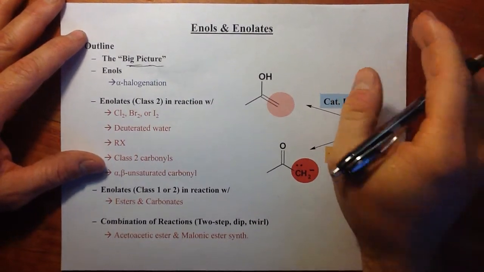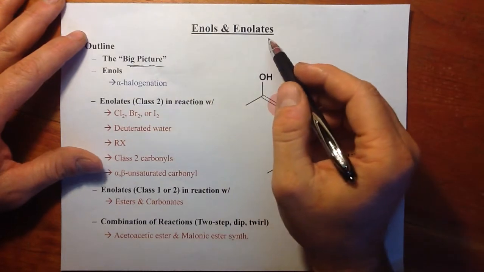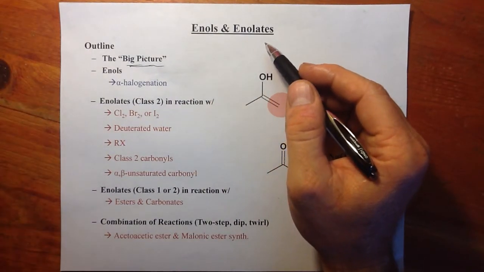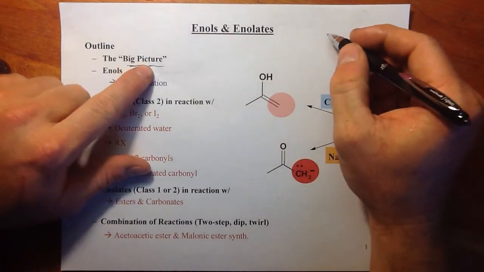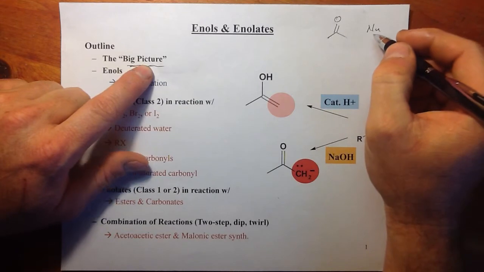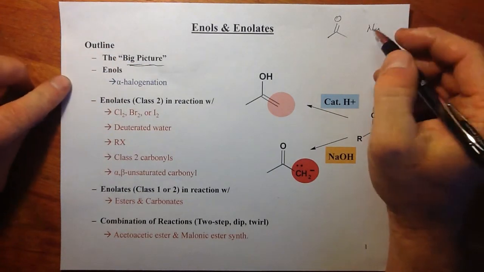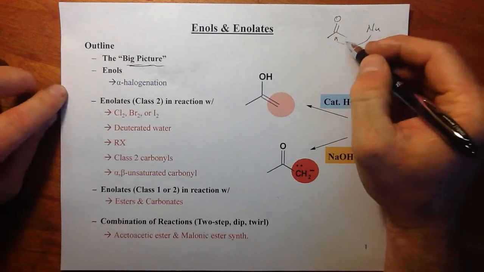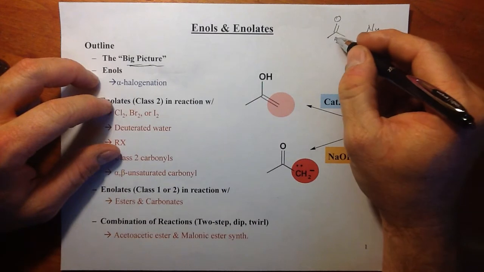Well, let's hope this would be the second of 3 videos, but I think we'll need to stretch our discussion of enols and enolates into a total of 4 videos. So in the first video, we looked at the big picture of carbonyls reacting with something as a nucleophile. Just as a review, the nucleophile can attack the carbon, and we looked at acyl substitution and acyl addition, wherein that first arrow is drawn.